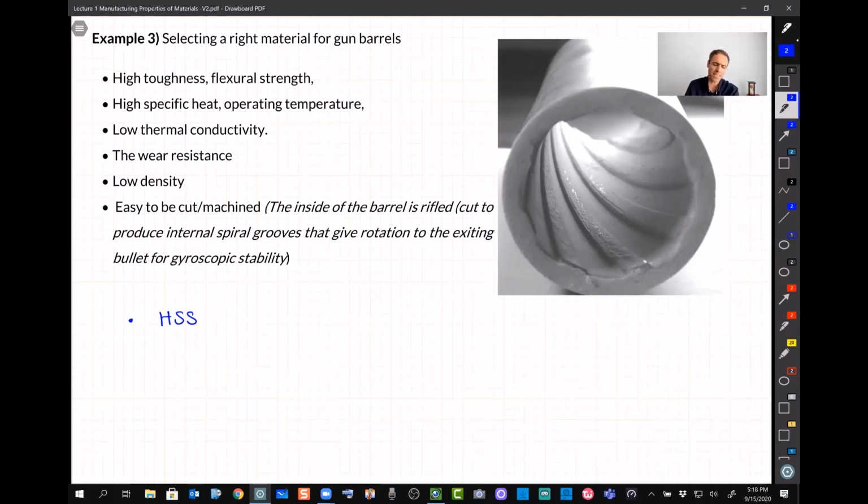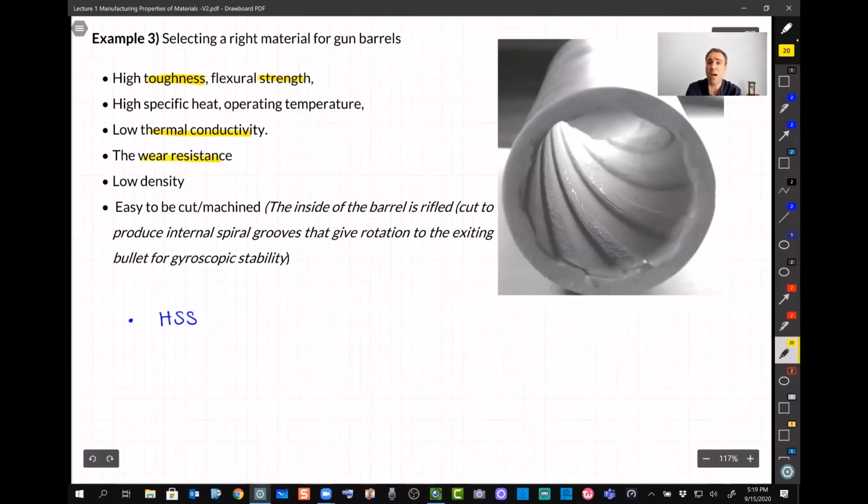And what basically we are looking for when we pick a material for a gun barrel, of course, we want it to be very tough, so it doesn't crack under impact, and also we want it to have a high strength. And at the same time, the thermal conductivity and its thermal property is important for us.